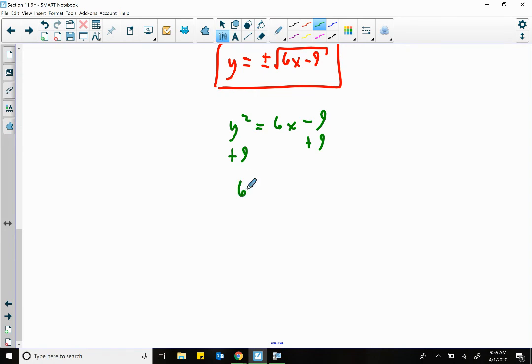So that gives us 6x equal to y squared plus 9. How do I get rid of multiplication? Divide. So another perfectly acceptable equation is x equals y squared plus 9 all over 6.